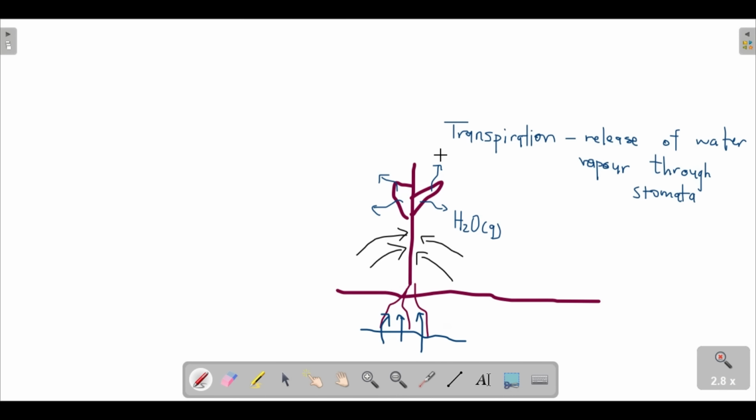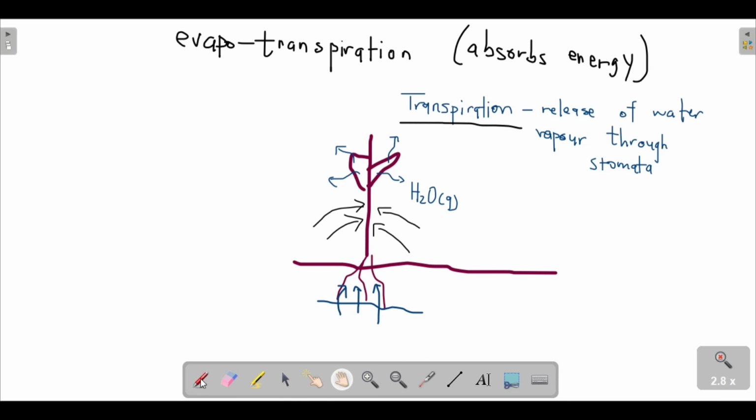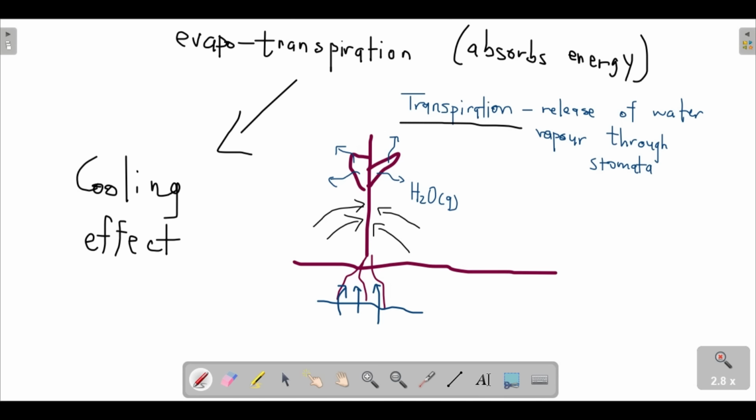So through the process of transpiration, which is sometimes called evapotranspiration, energy is absorbed from the surroundings. What do we mean by absorbing energy? You are absorbing the heat, or the warm air that is around. And so by absorbing energy, you are actually cooling down the surrounding air mass. So it has a cooling effect. Whenever there's evaporation, there's a cooling effect, guys. That's why there are fountains in urban areas.